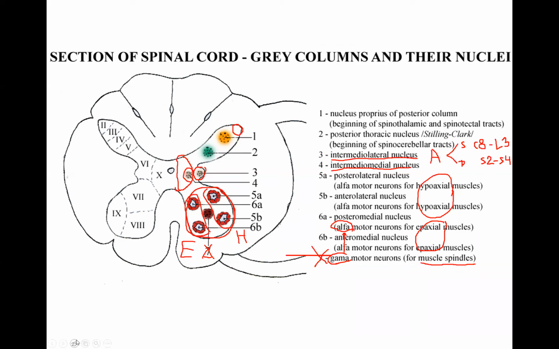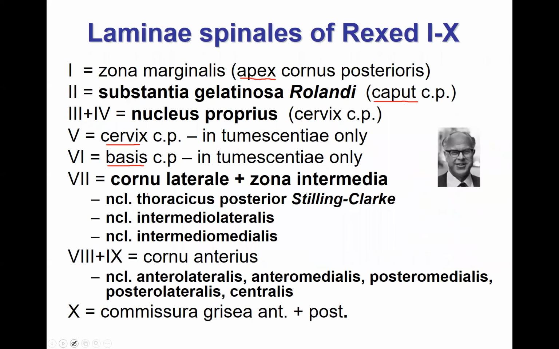In the posterior horn, we have 3 nuclei. This nucleus is called the substantia gelatinosa. So I can come here. It's called substantia gelatinosa of Rolando.